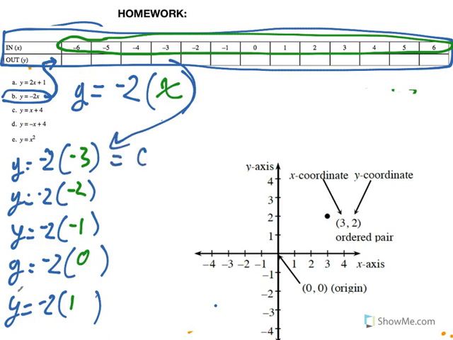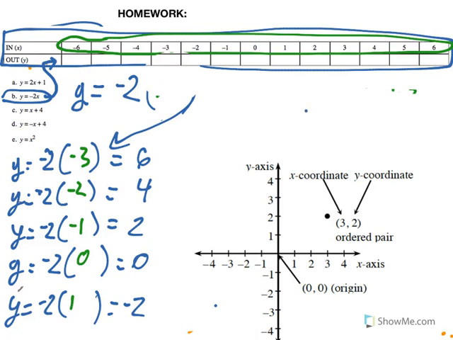Negative 2 times negative 3 is 6, and this is going to be positive, because that's a negative times a negative. That's going to be 4, this is going to be 2, this is going to be 0, and this is going to be negative 2, and so on and so on. Now we have our values. So if I plug this in and put those numbers where they were before, we can just do it in the y.